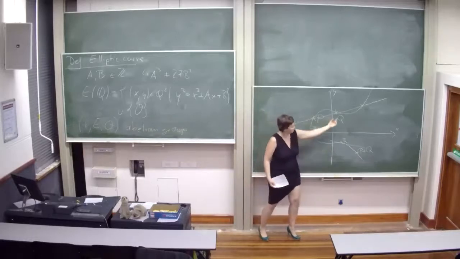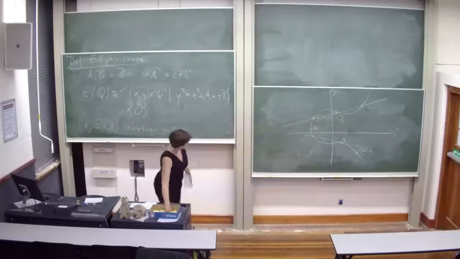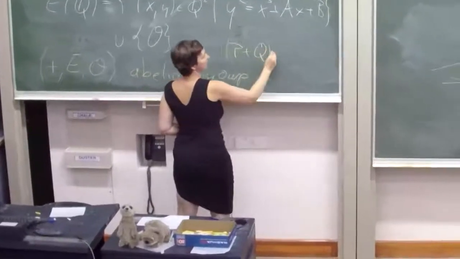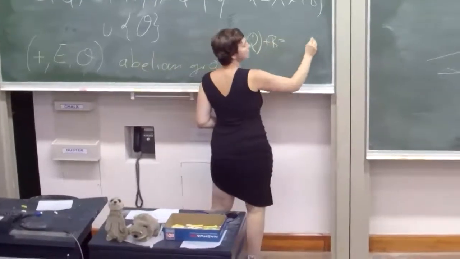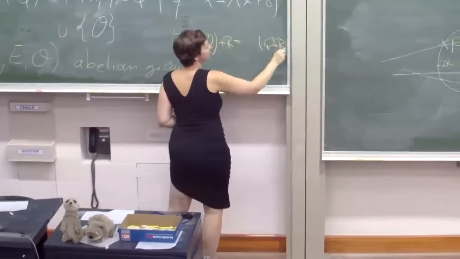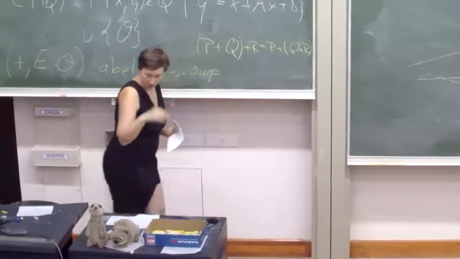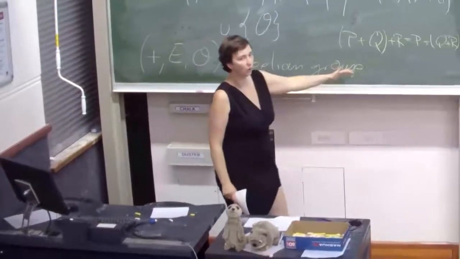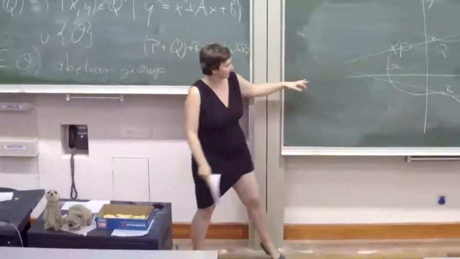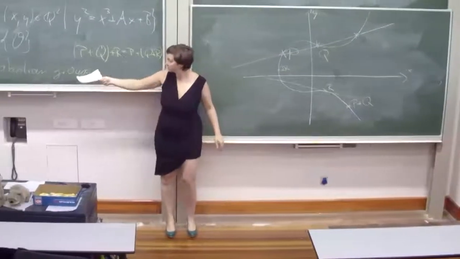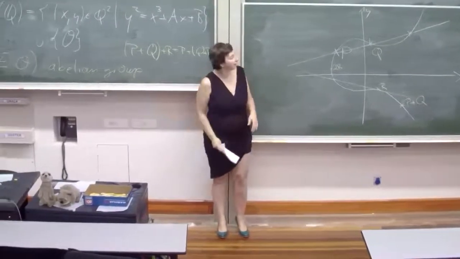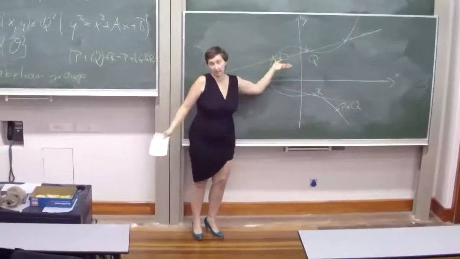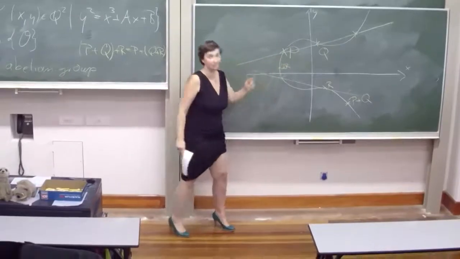So if you take P, Q, and R, 3 points, then P plus Q and then plus R is the same as Q plus R and then plus P. Okay, but this is just something on the side to show you elliptic curves are really good because of this property, because they are an abelian group, and the addition is nice because you can explain it to anyone. You can explain it to your grandmother or your mother. Hi, Mom.